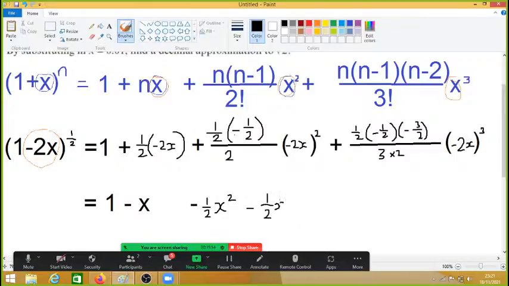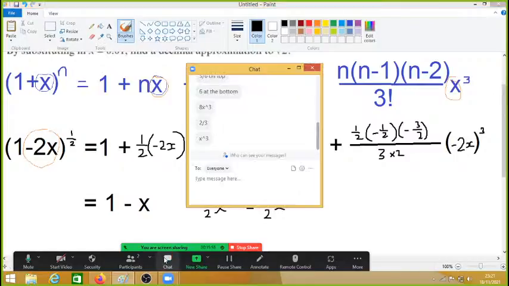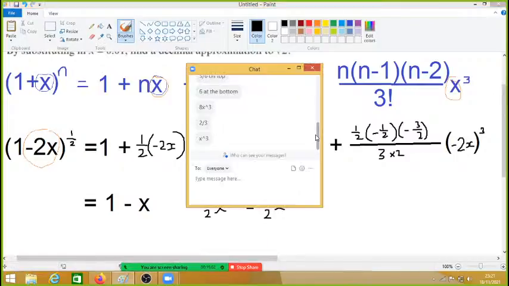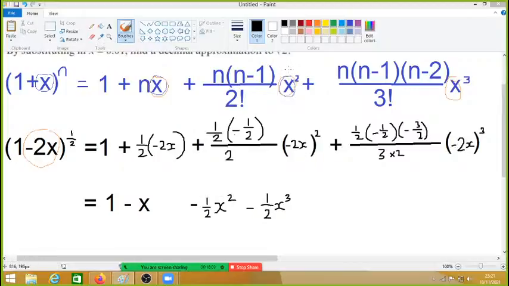Let's see if you got that. Just check your working. I'm going to just check my answer as well. No problem there. Nothing that I can spot that's wrong.